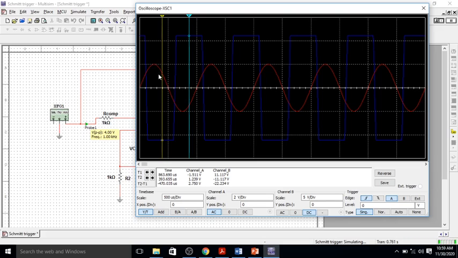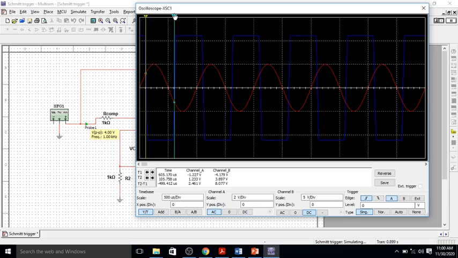Now if you want to calculate the UTP and LTP, just click on the input waveform and drag the cursor to the intersection of input and output waveform. Here it is. So you will get UTP is 1.233 volt and LTP is minus 1.22 volt. So this is how we can calculate UTP, LTP, plus V saturation and minus V saturation using the cursor on the CRO.